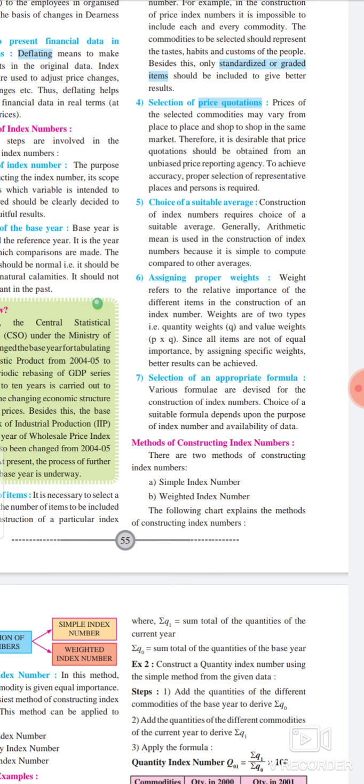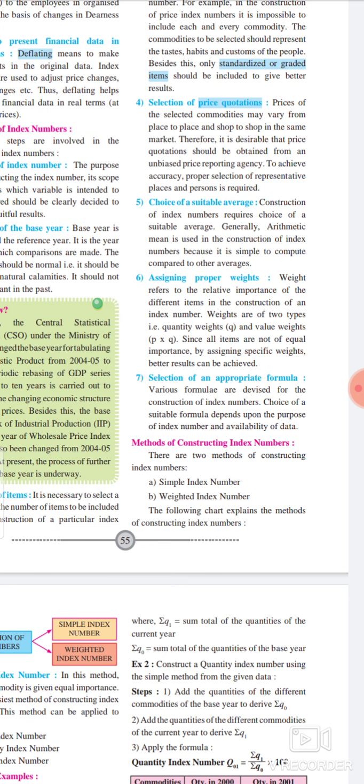In the construction of index number, the sixth point explains assigning proper weight. Here you do not give equal weightage to all the variables. After the selection of the units, you give weight and importance to each particular variable.